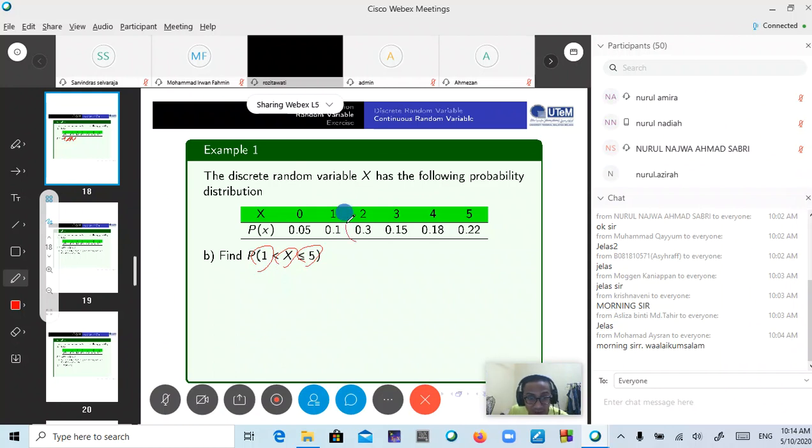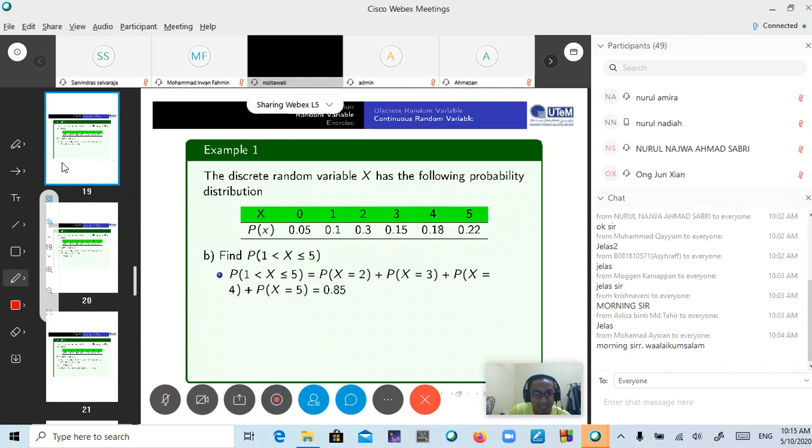So you must start with 0.32 plus 0.15, 0.18, 0.2 because this one is including. So you can get the answer equal to 0.85, starting from 2, 3, 4, and 5 because 1 is not including.